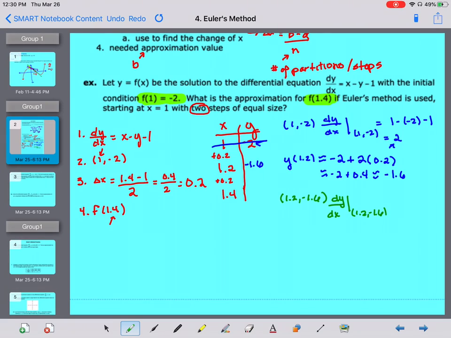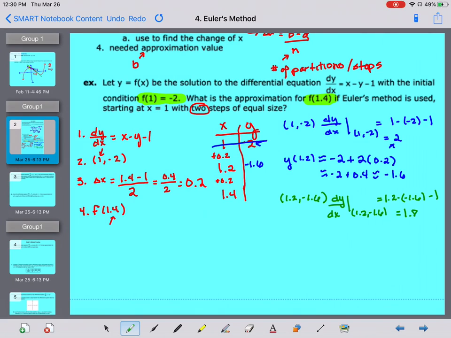Okay. Same thing like I did before, all I'm doing is going back and plugging into the differential equation. So 1.2 is our x minus my y value, which is -1.6, minus 1. So if I do that, 1.2 winds up being plus 1.6, so 2.8 minus 1, which gives us 1.8.